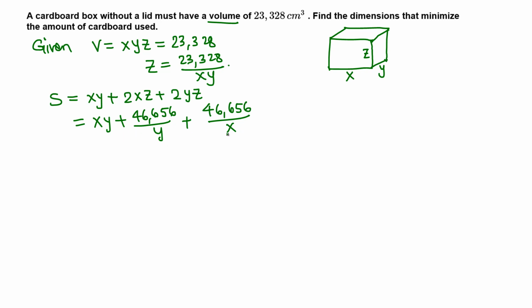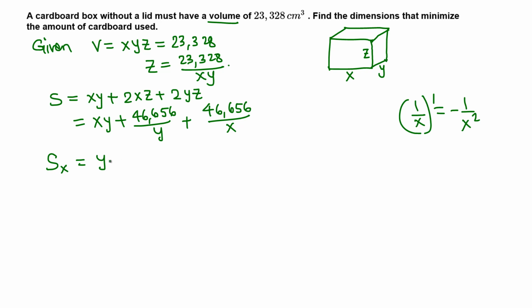Now we want to minimize this. We need to take the partial derivative with respect to x and with respect to y, because this is a function of 2 variables. So the partial with respect to x is: with respect to x, 1 times y; with respect to x, this term is 0 because there is no x. With respect to x, the constant survives, 1 over x, and we know that the derivative of 1 over x is negative 1 over x squared.